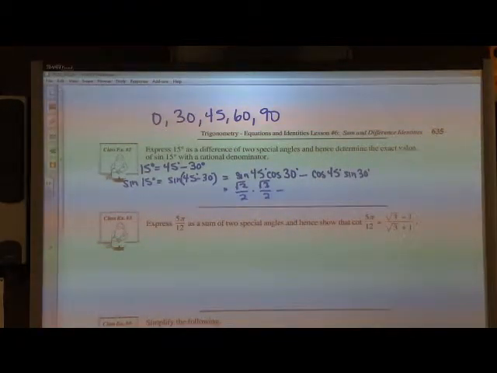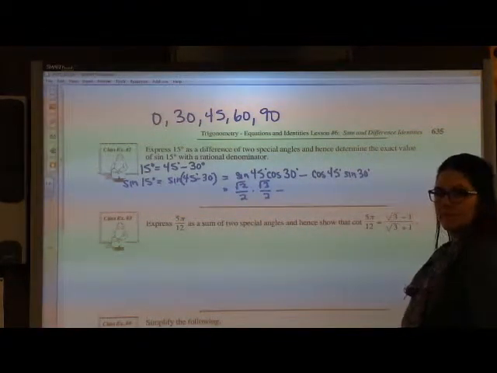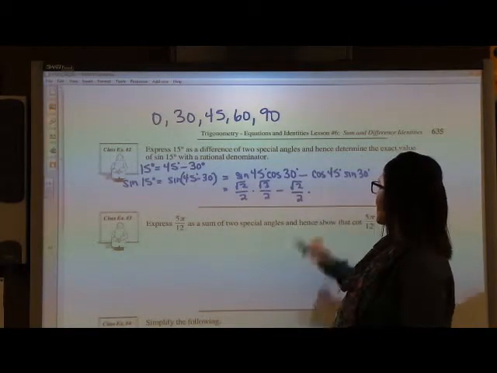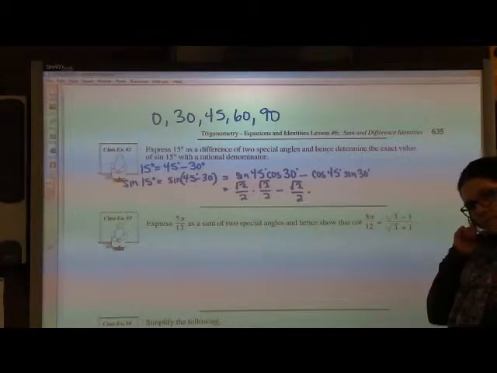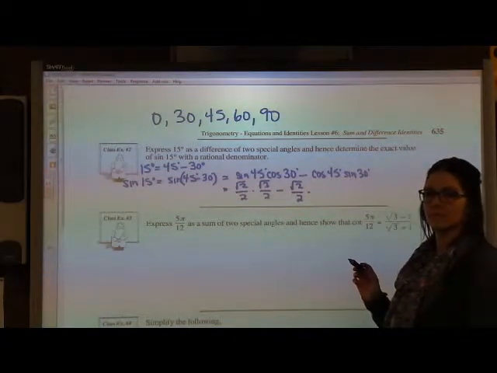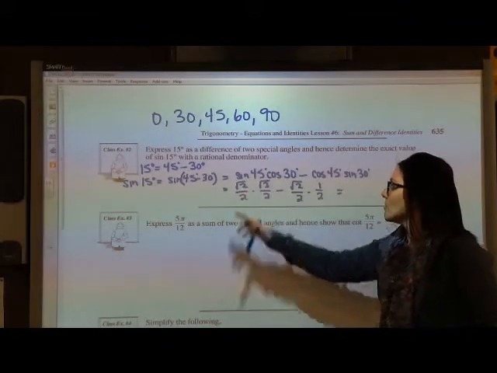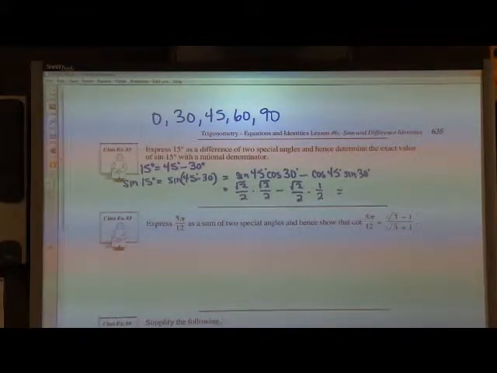Cos 45, root 2 over 2. And sine 30, 1/2. Good.